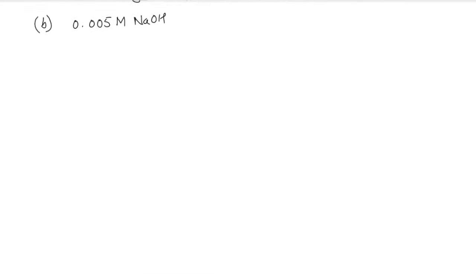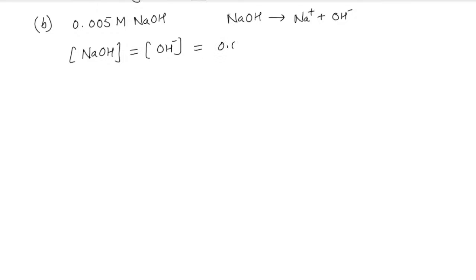So 0.005 molar means complete dissociation, that means the concentration of NaOH, because one NaOH will give one OH negative. So the concentration of NaOH is equal to the concentration of OH negative, and that is 0.005 molar, which means 5 into 10 raised to power minus 3 molar.